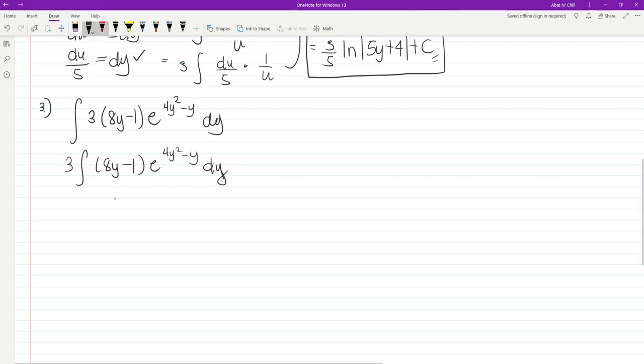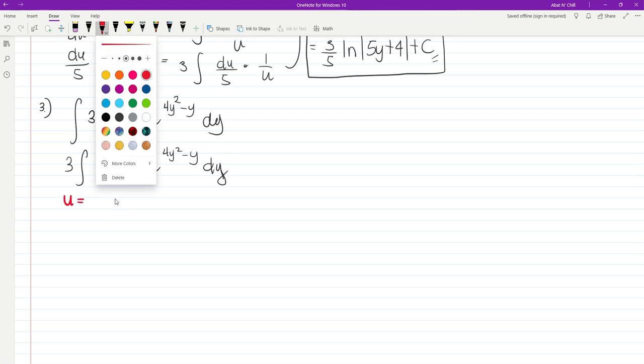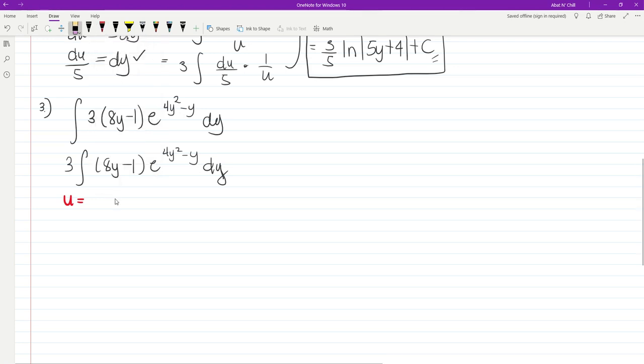So obviously, we already know what u we are going to use. Let me write that in red. So we have u equals 4y squared minus y, so that if I get the derivative of u with respect to y, that would be 8y minus 1, with respect to y.